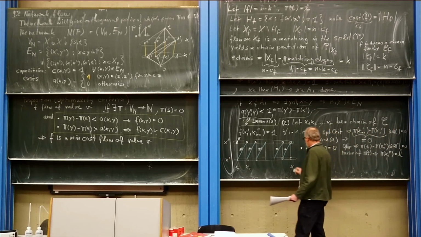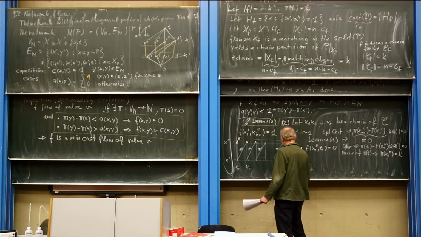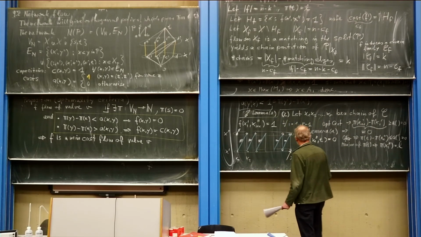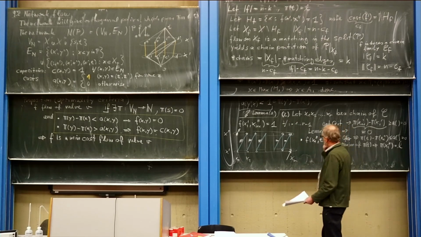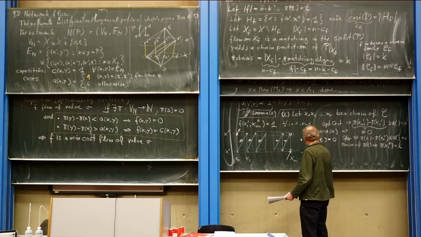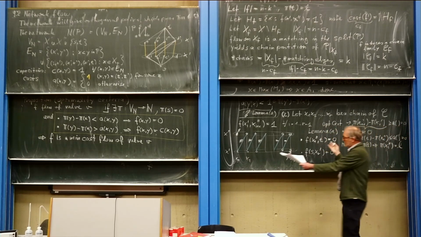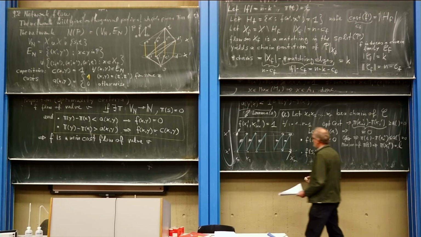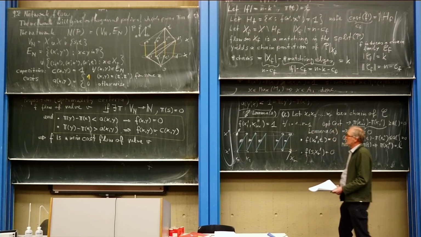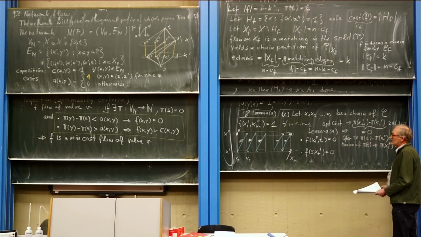And now let's look at this one here. And here we again see that the flow of S and XR prime is 0, because this guy is not matched in our matching in the split.